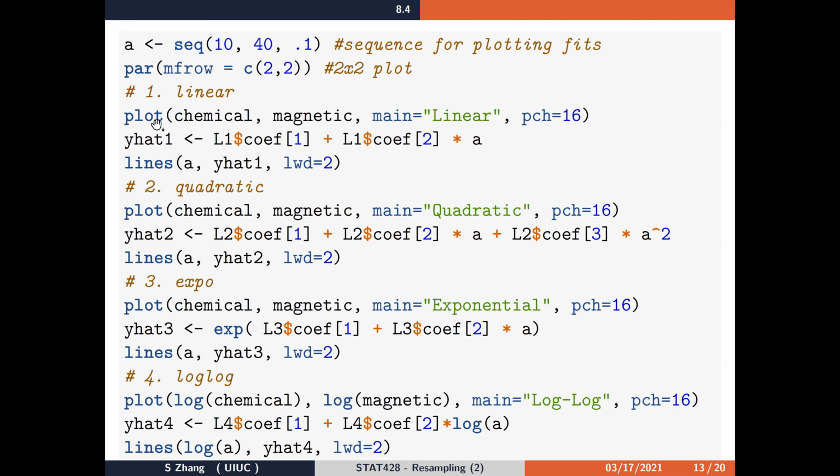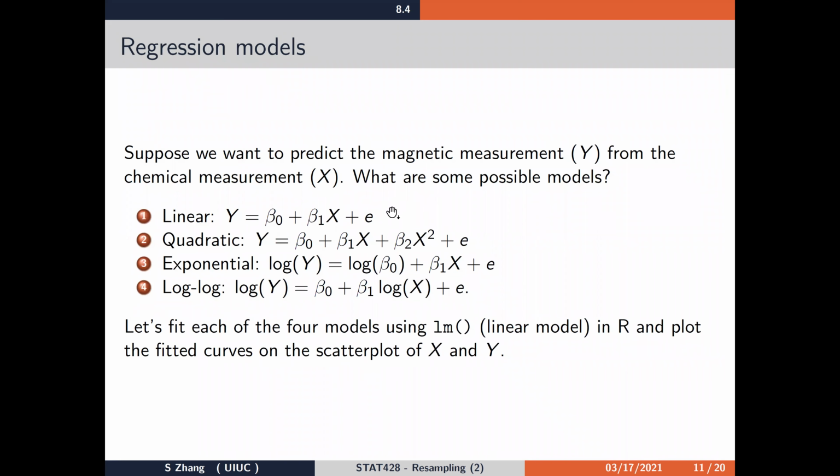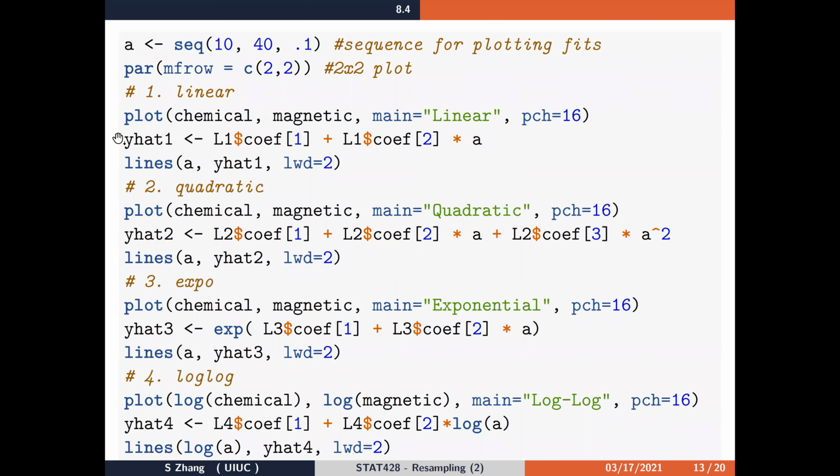On top of the scatter plot, we want to overlay the regression curve that we have fitted. Since L1 is the output of the linear model fitted, the first model, we can extract the coefficients from L1. That's the estimated betas, the intercept and the slope for this particular linear model.